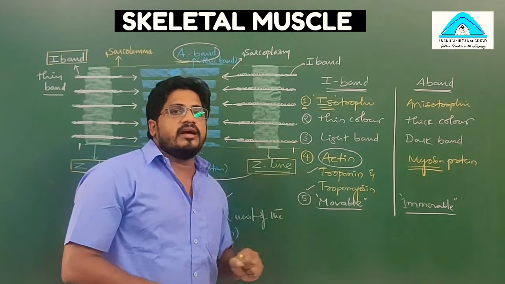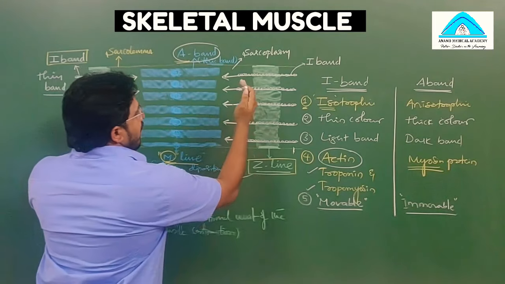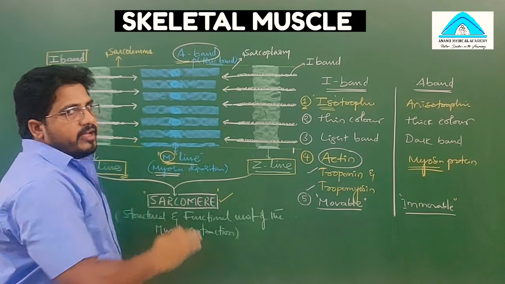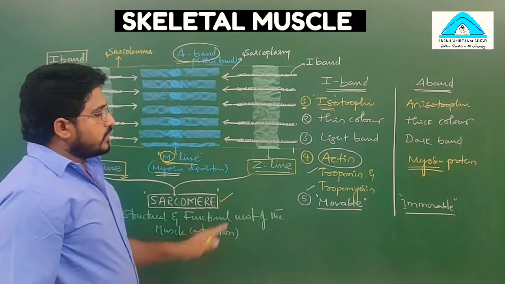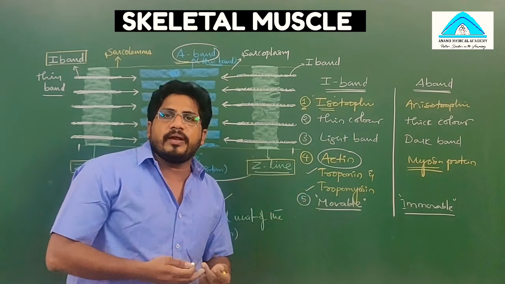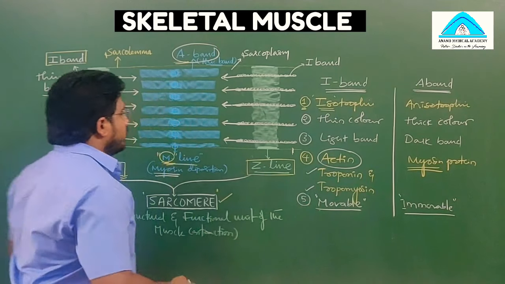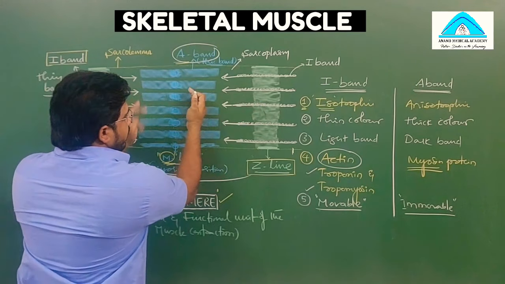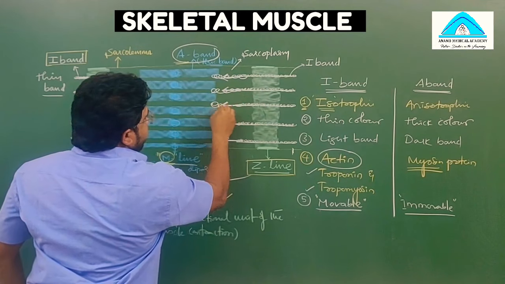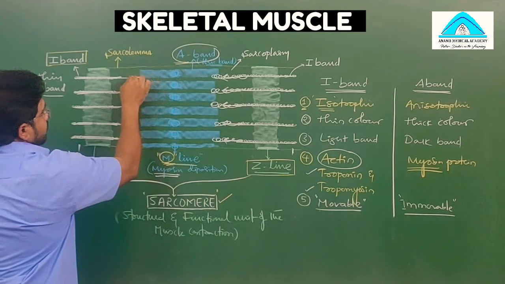Not now. But here, what you have to understand is that during muscle contraction, I filaments are sliding over the A filaments. A filaments never move, so they are called immovable. Which bands are showing the movement? I bands. The answer is I bands are mobile. Suppose during muscle contraction, I bands on both sides move over the A band.